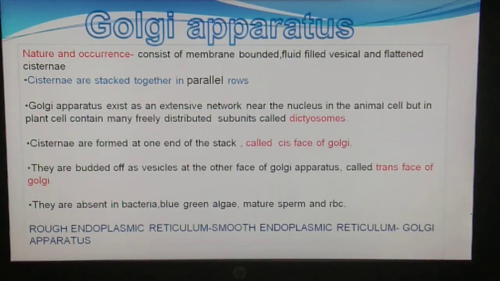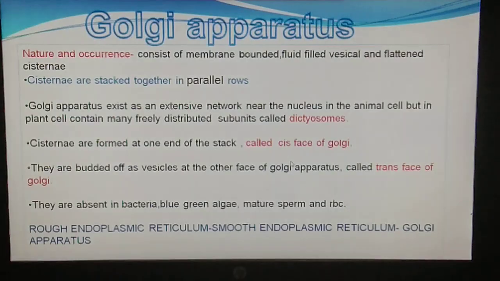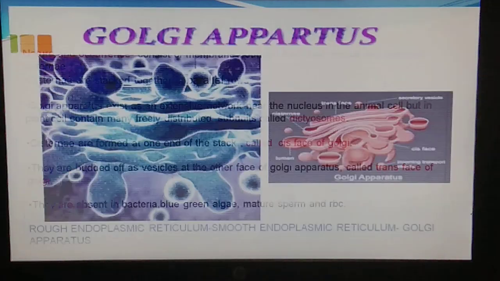Now cisternae are formed at one end of the stack, and this is called the cis phase of Golgi. I have already shown you this, students. You can see here, this is the cis phase, where these vesicles are formed. They are budded off as vesicles at the other face of the Golgi apparatus, and that is called the trans phase of Golgi. This thing we have already done, students.